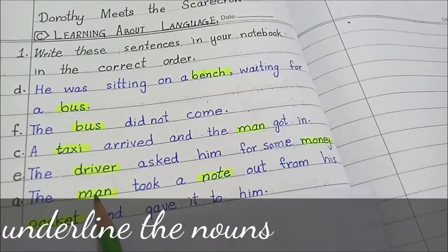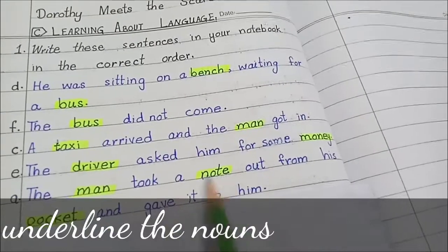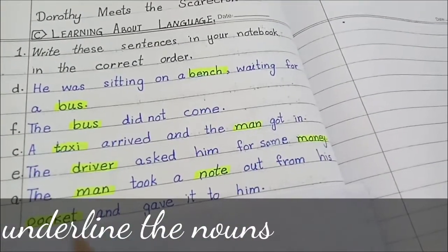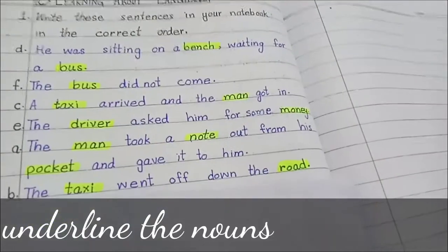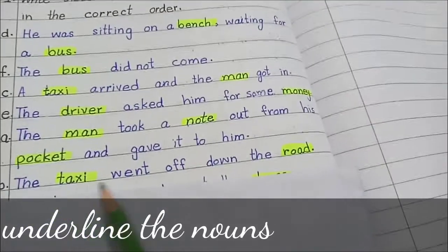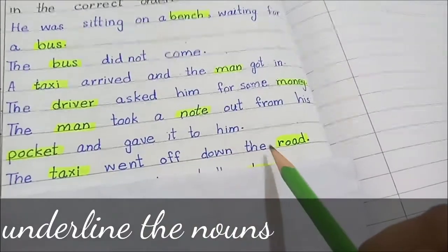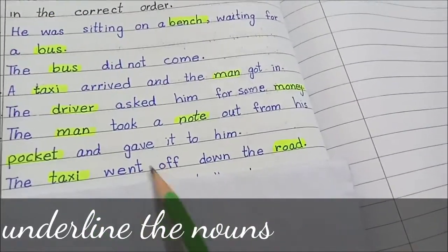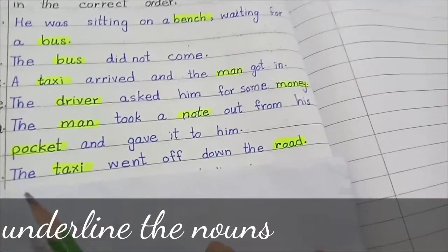Here man is the name of a person, note and pocket are things. So these three are nouns in this sentence. The taxi went off down the road. Here taxi and road both are names of things. So these both words are nouns.